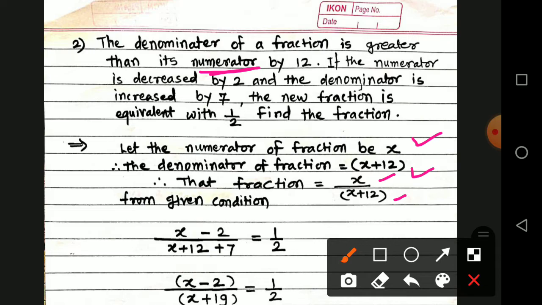As it is mentioned in the example, the same we have to do the operations. In the next sentence, if the numerator is decreased by 2, it means subtract 2 from the numerator. And the denominator is increased by 7, that means add 7 to the denominator. Then what happens? The fraction is equivalent to 1 upon 2.